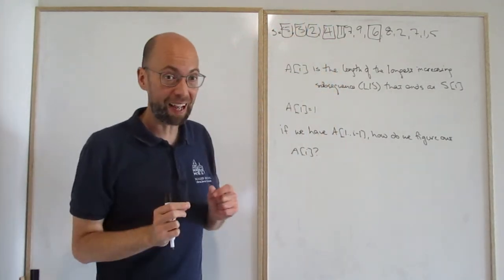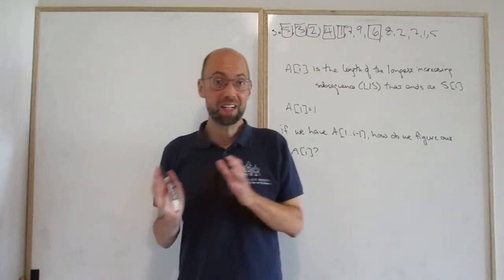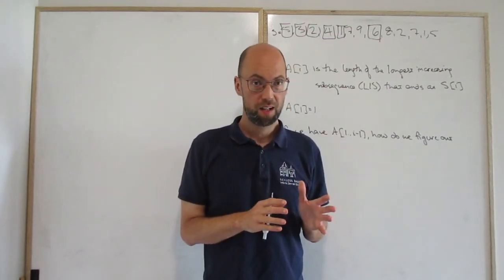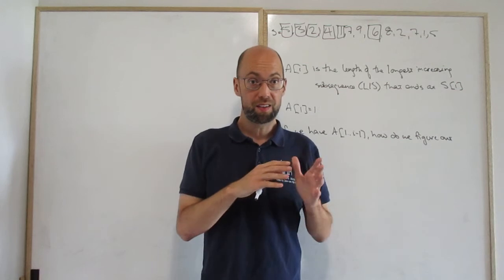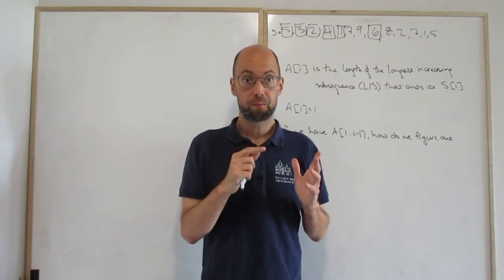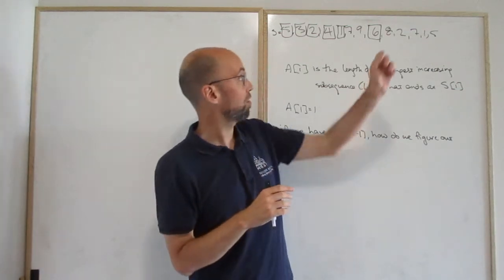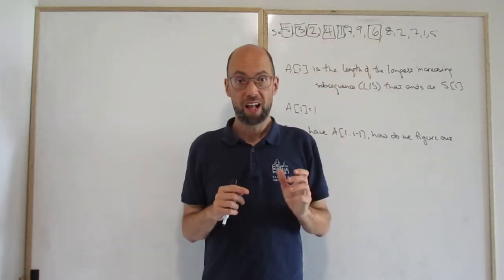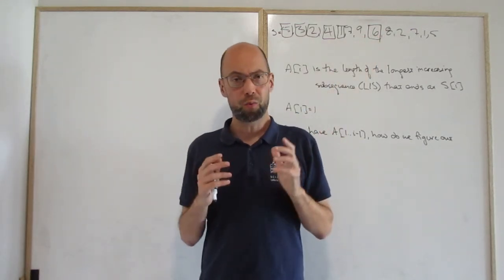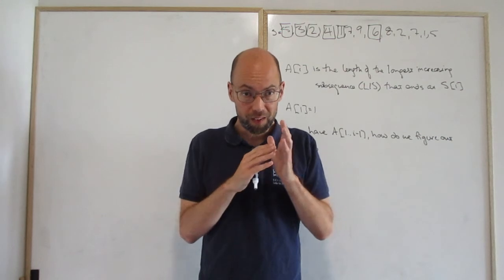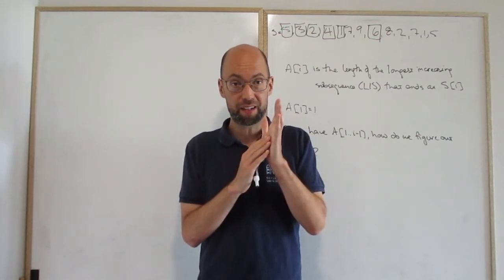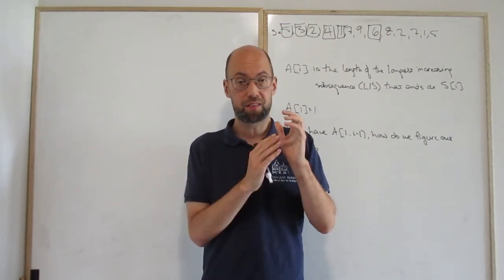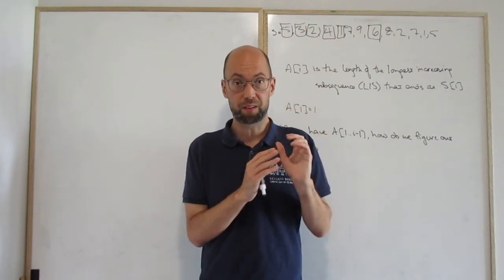In fact, we can take any of the subsequences that end with a number that's less than 6, and of those, we want the one that's the final number in the longest subsequence.